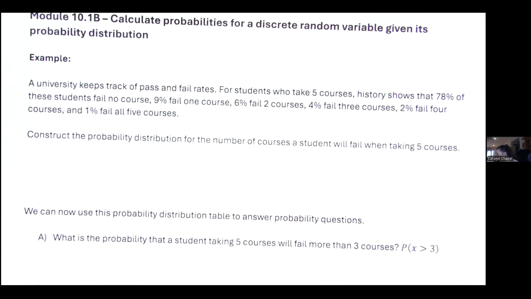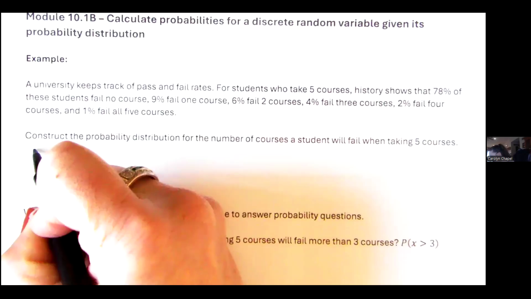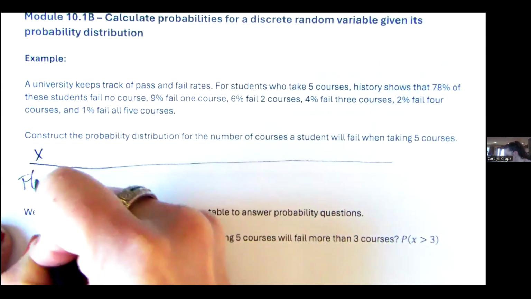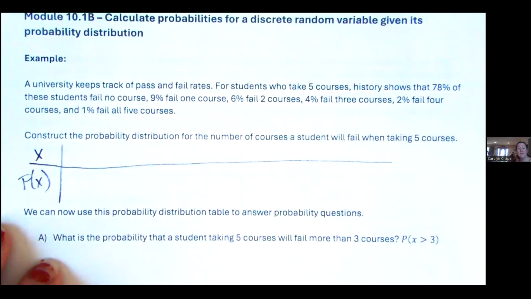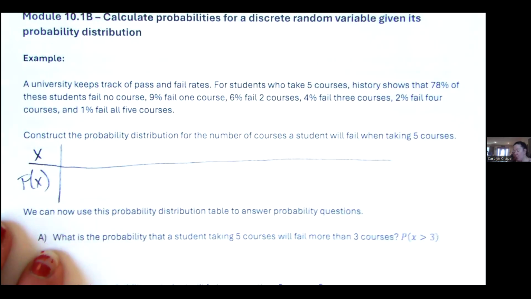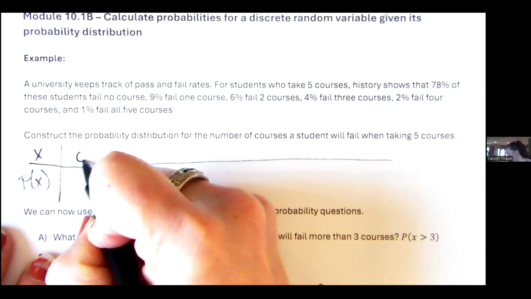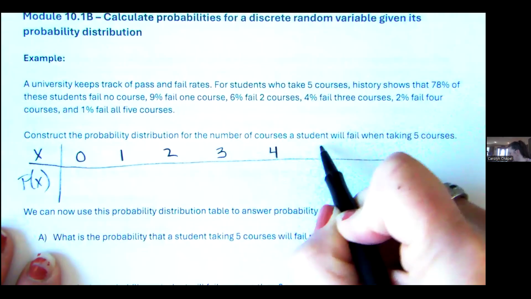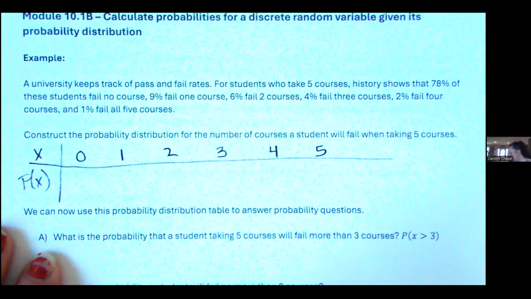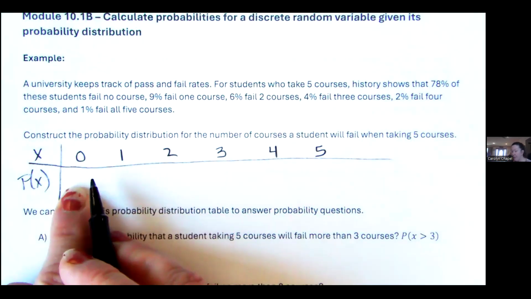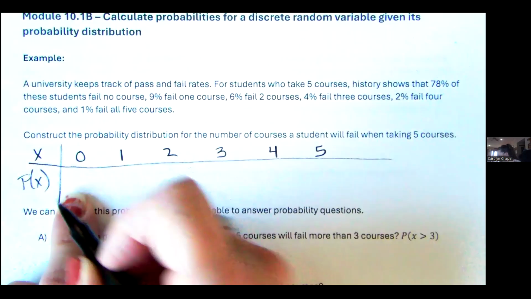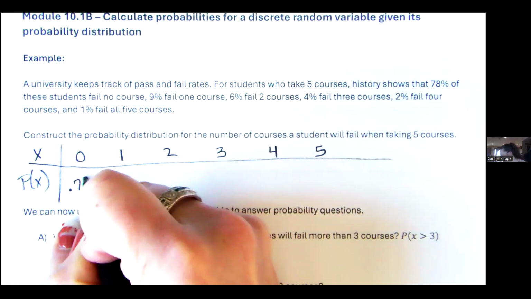We're letting X be the number of classes that a student fails, and the probability of X will be the piece that goes along with it. So we could fail 0, 1, 2, 3, 4, or 5. The probability that we fail none of them, we can use this historical information and write that as a probability.